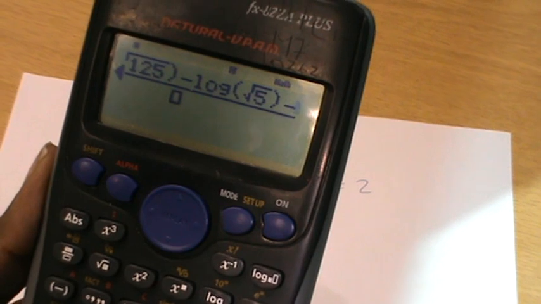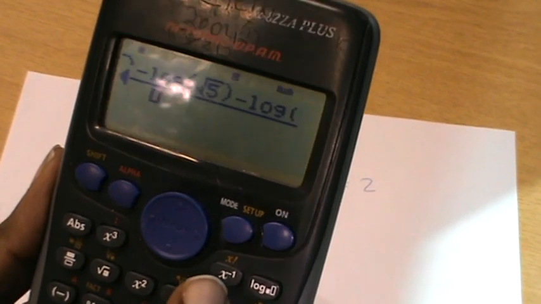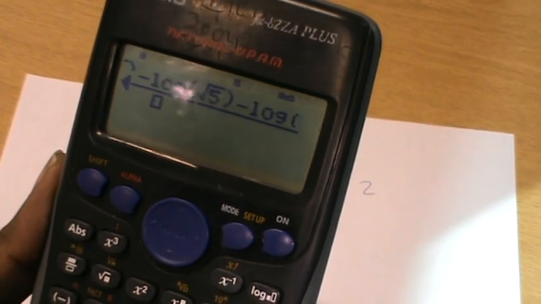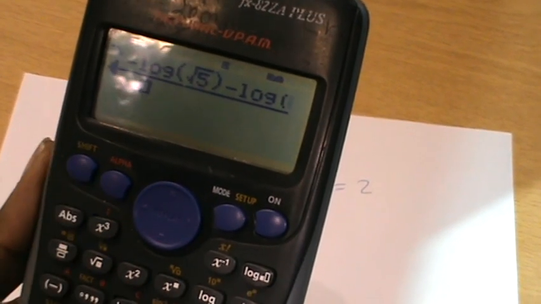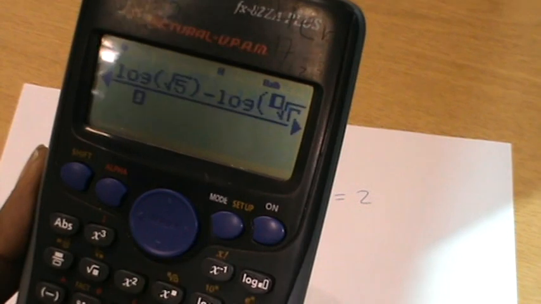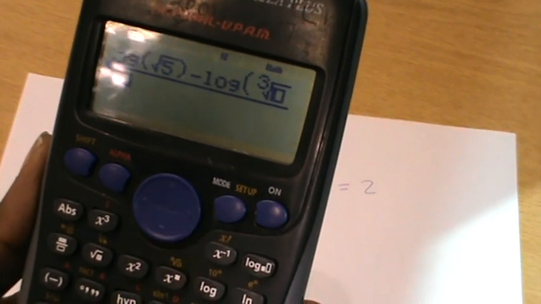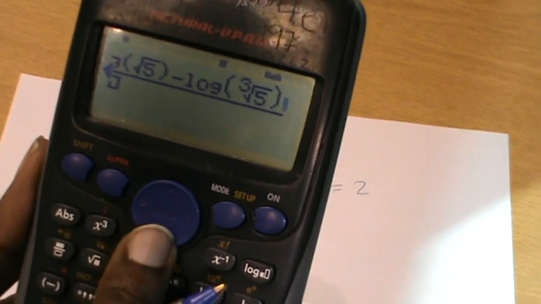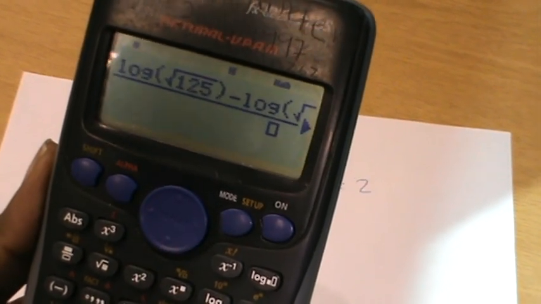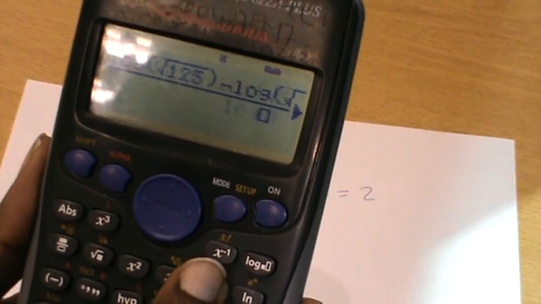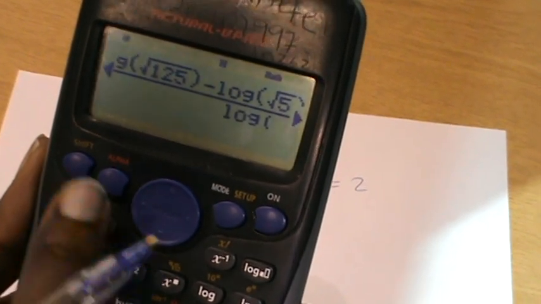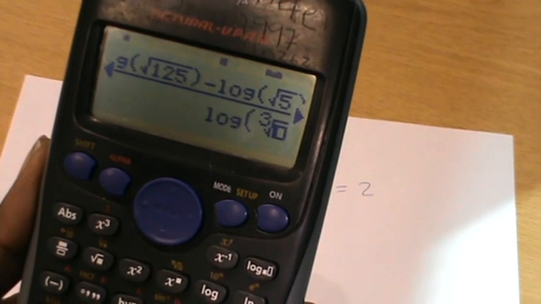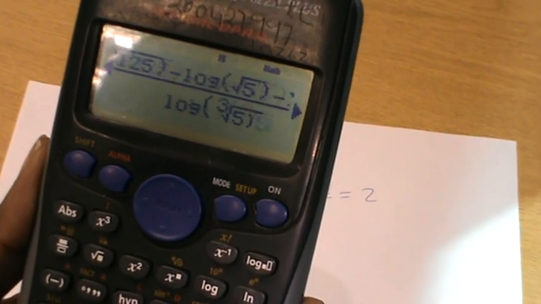Okay, and then minus log of the cube root of 5. Okay, and then now in the denominator I have log of the cube root of 5.